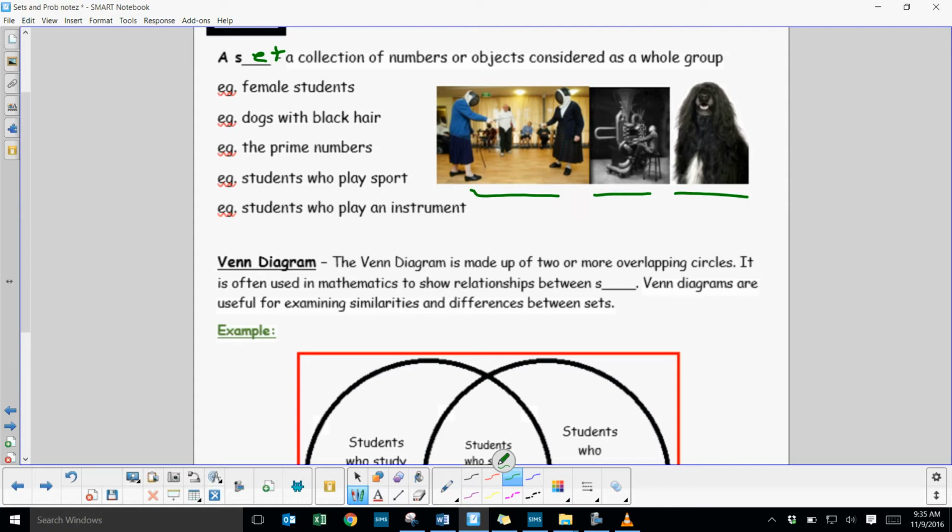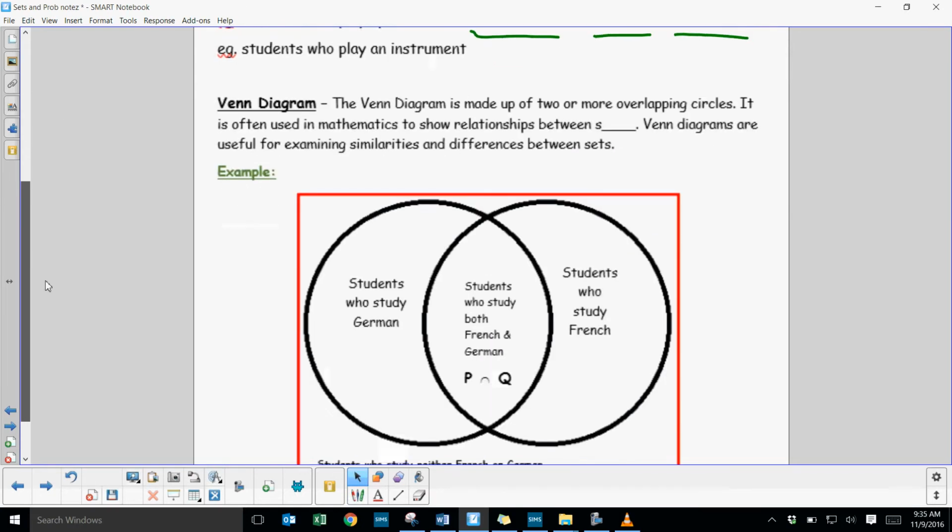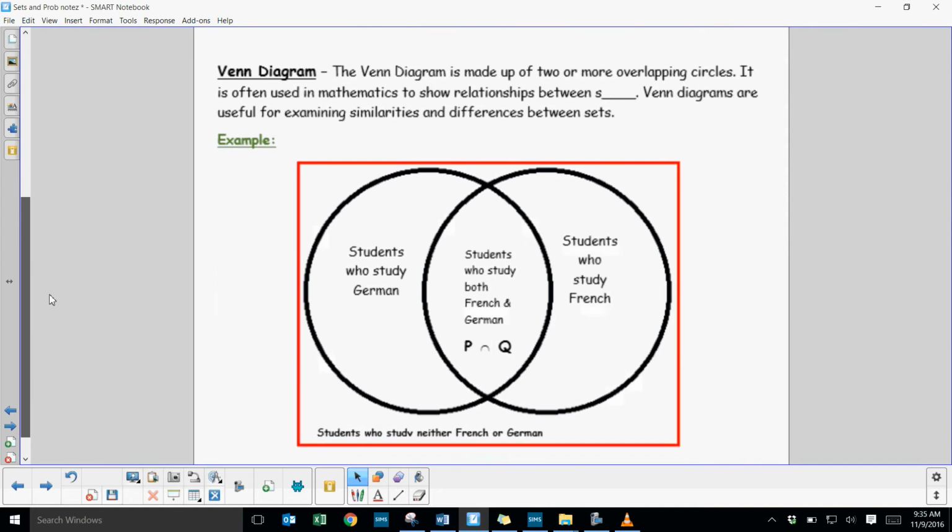So now let's scroll down to Venn diagrams. So Venn diagrams is what we're dealing with now. The Venn diagram is made up of 2 or more overlapping circles, unless there is no intersect, in which case they don't overlap. It is often used in mathematics to show relationships between, probably guessed it, sets.